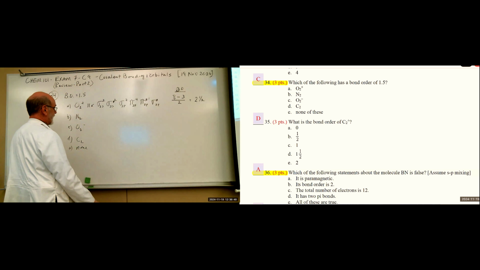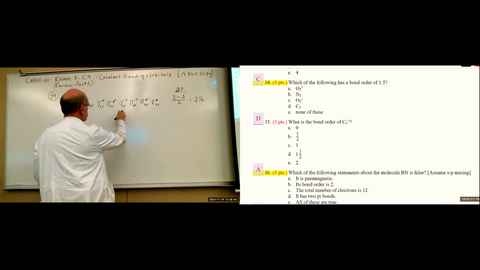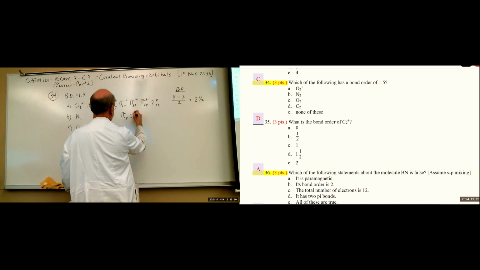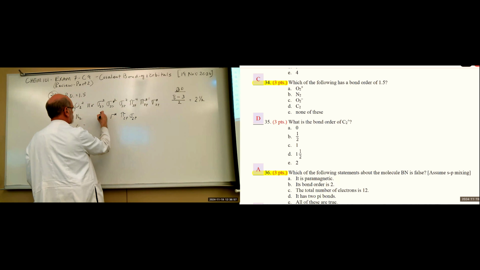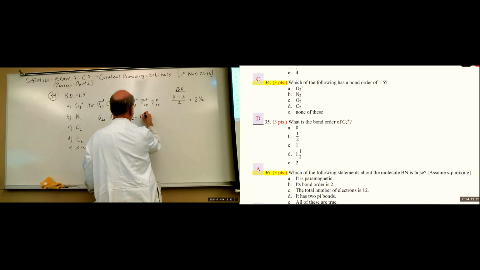Okay. Nitrogen. Nitrogen's going to flip these two right here, so just to be kosher, we'll do that. This is going to be sigma, this one's going to be pi, this is going to be pi star.